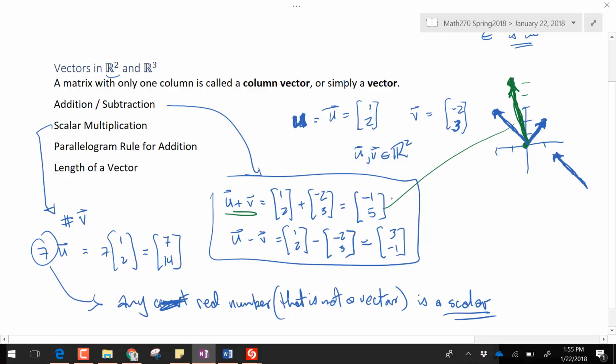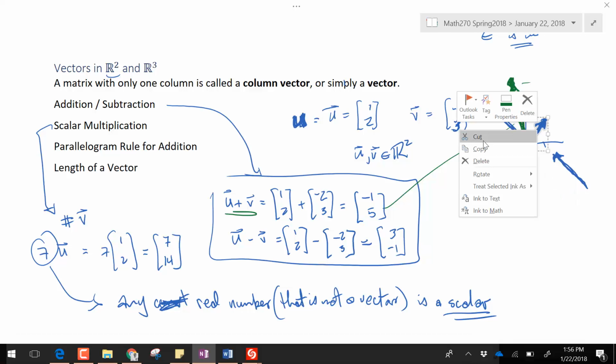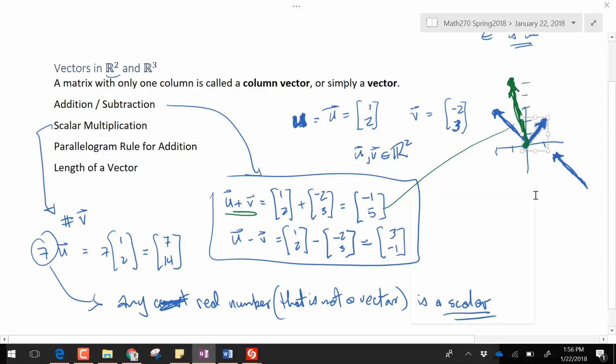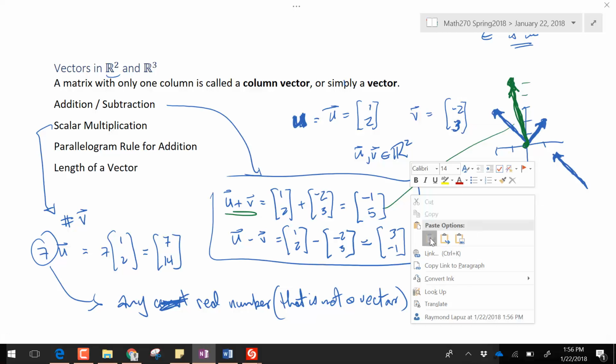Now it turns out that the original vectors u and v, let's see, copy, paste, did it paste? Nope, didn't paste. What did I do? Copy, paste.